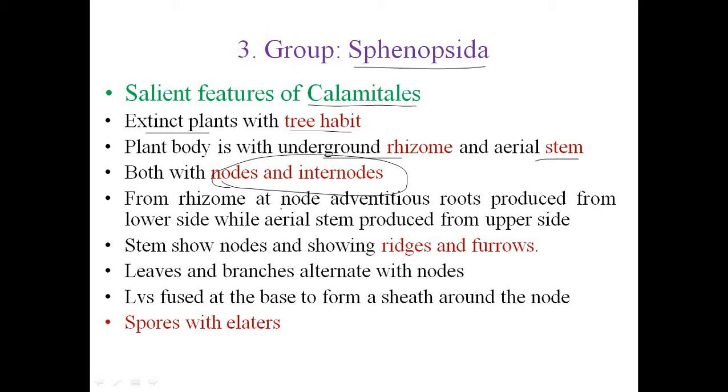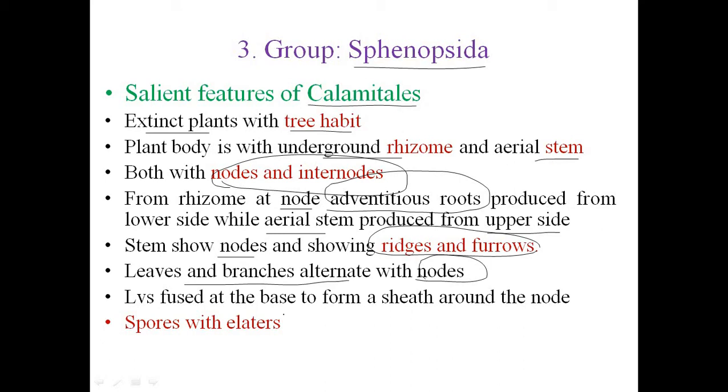From the rhizome at the node, adventitious roots are produced from the lower side, while the aerial stem is produced from the upper side, and this stem along with nodes has ridges and furrows, and the leaves and branches are alternate with these nodal regions.